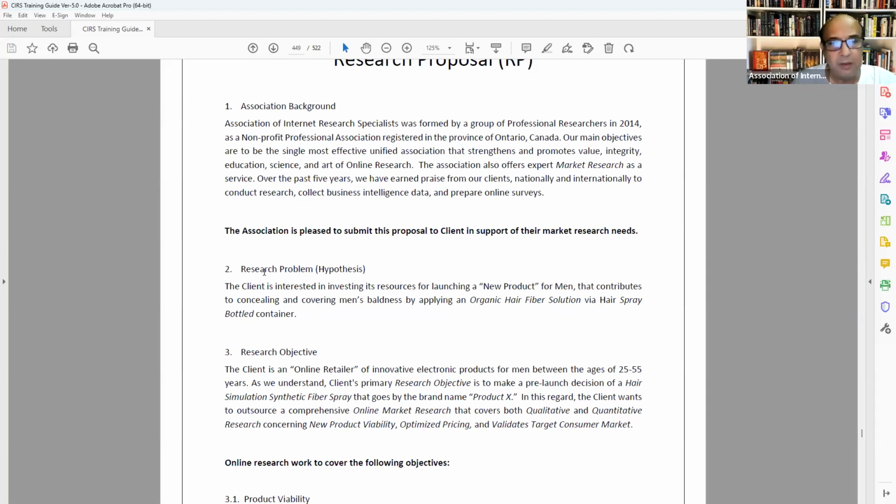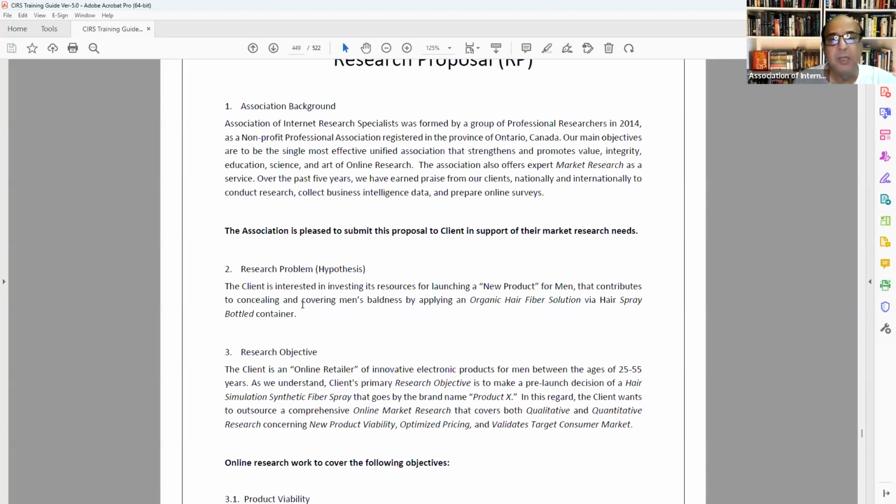So we define the research problem as if it is the missing piece the client couldn't articulate well, and the right wording. So you use hypothesis here or research problem. And it is saying that the client is interested in investing its resources for launching a new product for men that contributes to concealing. And you got back to the client and got some additional info.